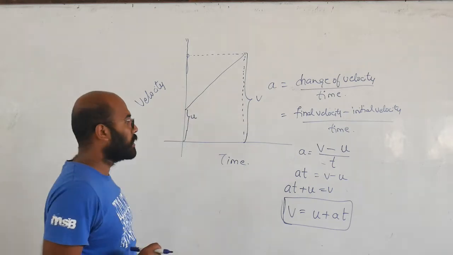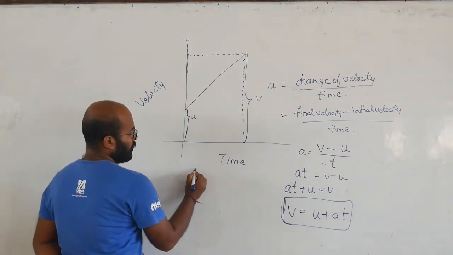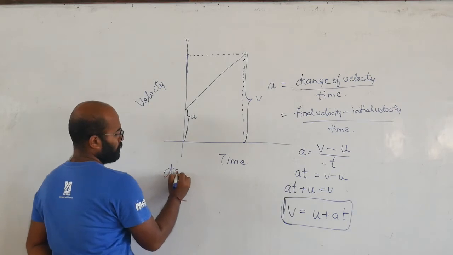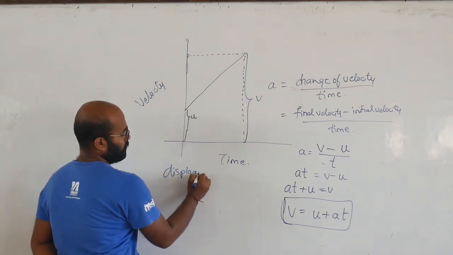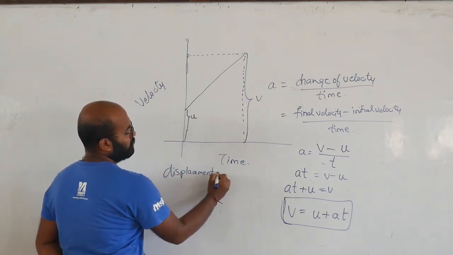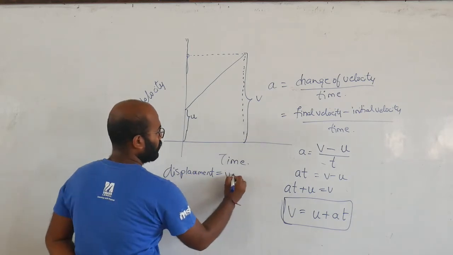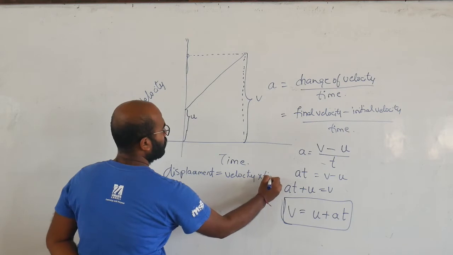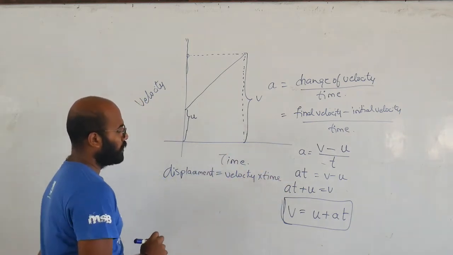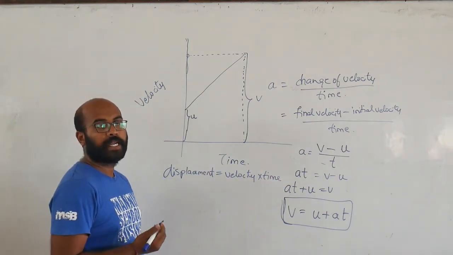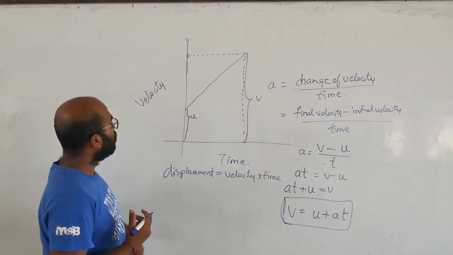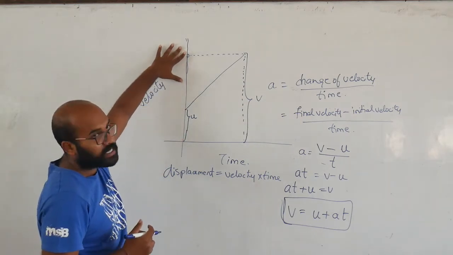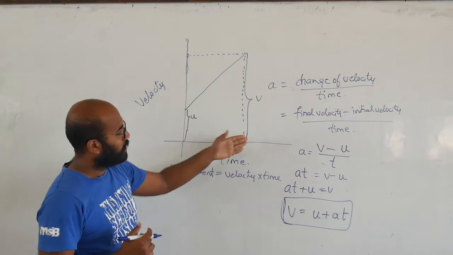Next, using the same graph, if we have to find the displacement. The formula: displacement is equal to velocity into time. Velocity is on the y axis and time is on the x axis.